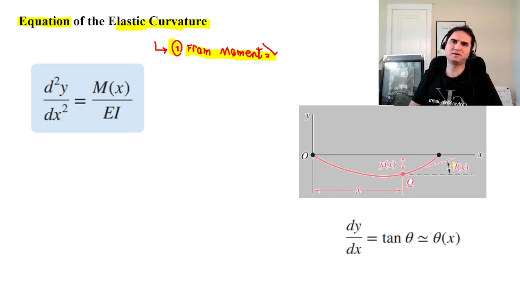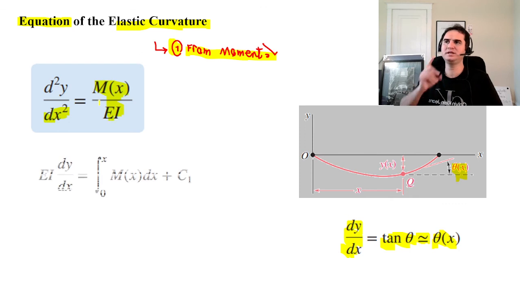If you look at this part, dy over dx is tangent of theta, and if theta is pretty small, tangent of theta is equal to theta itself. At the same time, from the previous calculation, we get d squared y over dx squared is equal to M(x) over EI.